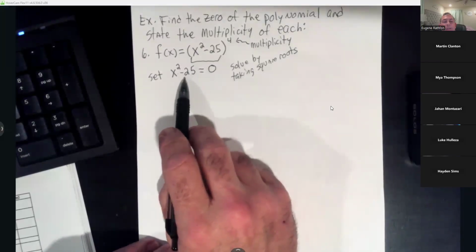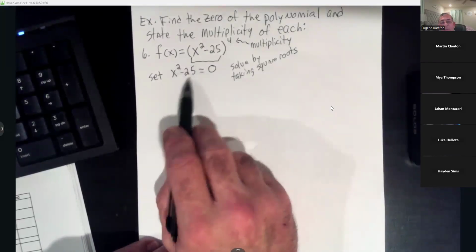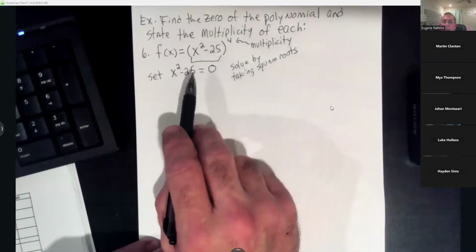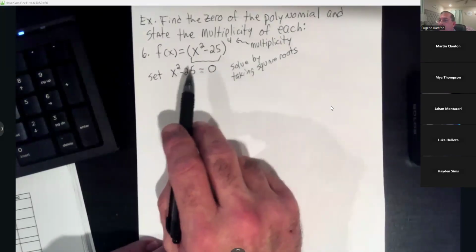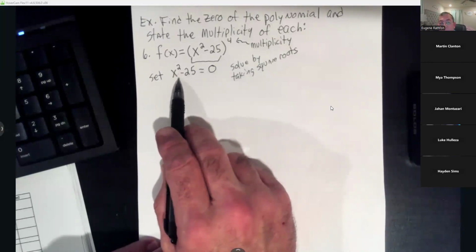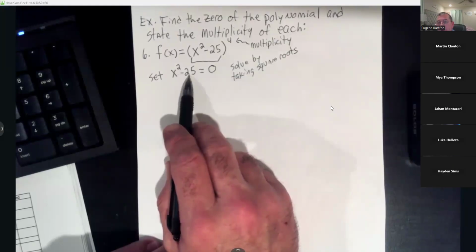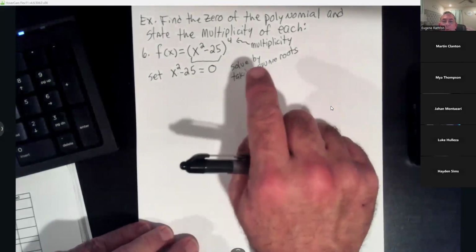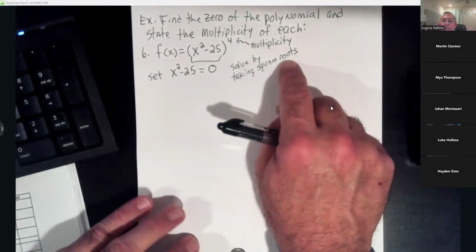Because for me to solve this by factoring, it's got to be able to be factored. And solving it by the quadratic formula, A would be 1, B would be 0, C would be negative 25. That takes a lot of time doing that quadratic formula. So y'all watch me solve this one by taking square roots.